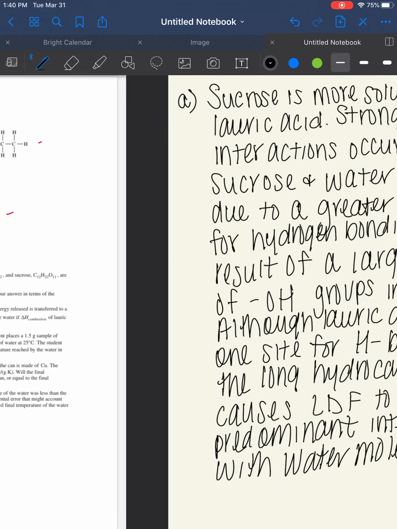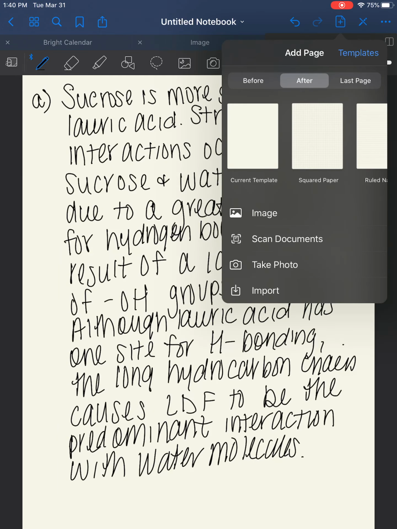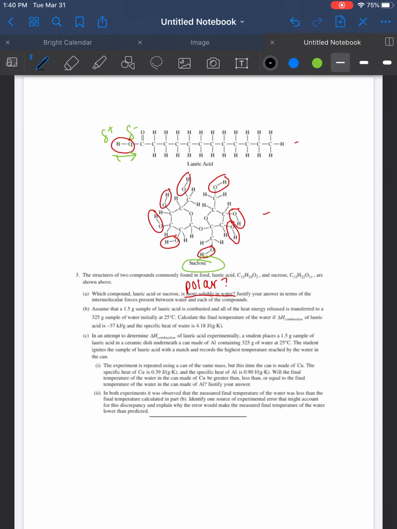Okay, so let's go on to letter B. Letter B does involve some slight calculations. It says, assume that a 1.5 gram sample of lauric acid is combusted and all of the heat energy release is transferred to a 325 gram sample of water initially at 25 degrees Celsius.